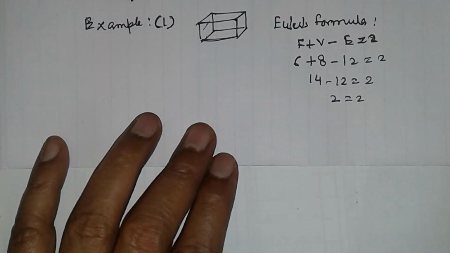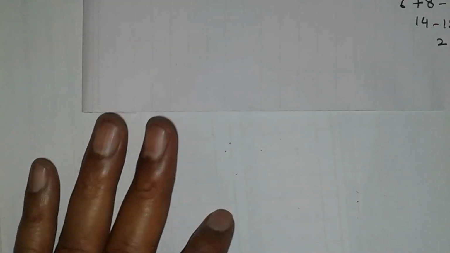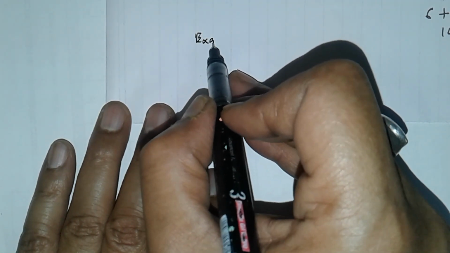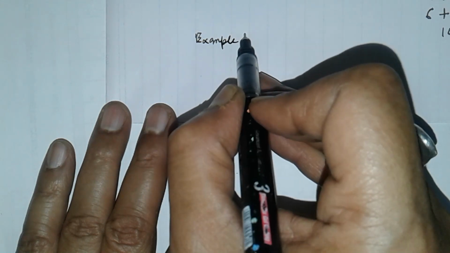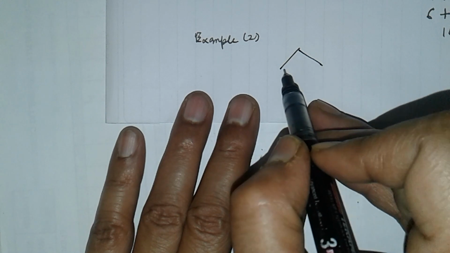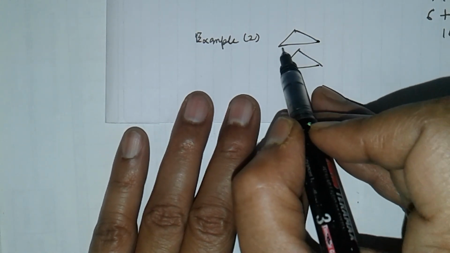Now let's take one more example. Example number 2, suppose a triangular prism. Let me make a triangular prism, where the base is a triangle, the top is also a triangle, then join it.